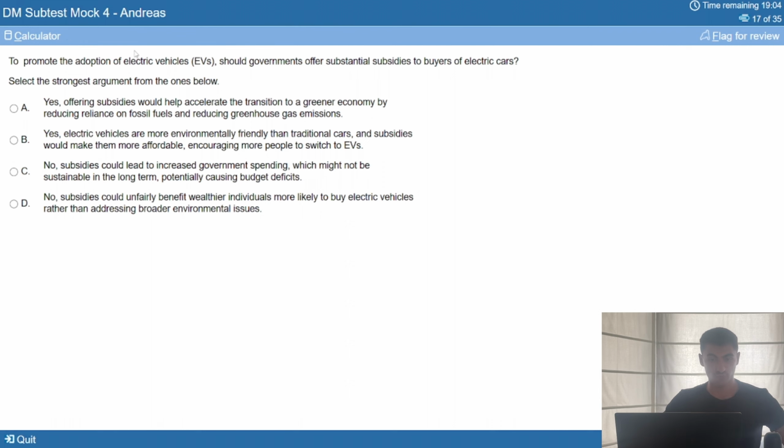To promote the adoption of electric vehicles, so promote adoption of electric vehicles. Should governments offer subsidies, promote electric vehicle subsidies, and to buy? Okay, so those two are enough. Let's see. Okay. And subsidies.